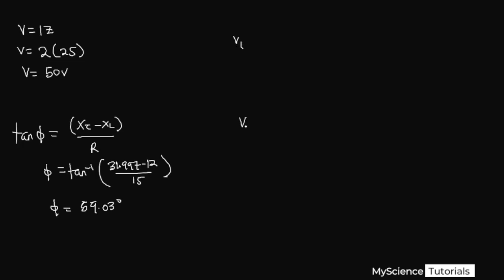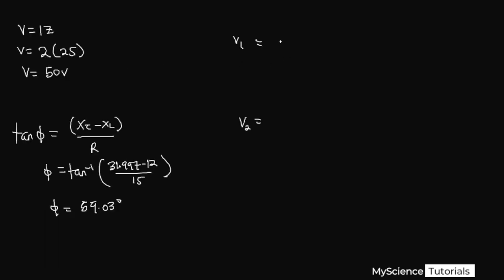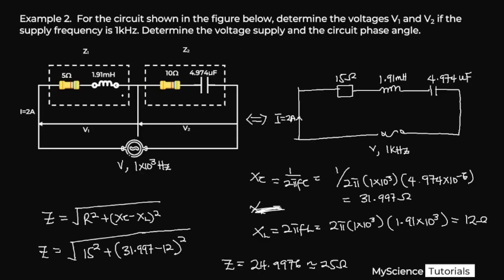Now that we have our voltage supply and our angle, let's find V1 and V2. If we go back to the diagram, V1 has a resistor and then an inductor, so our V1 will be current multiplied by Z1. The impedance Z1 here will be the root of R squared plus XL squared, since we have an inductor in here.